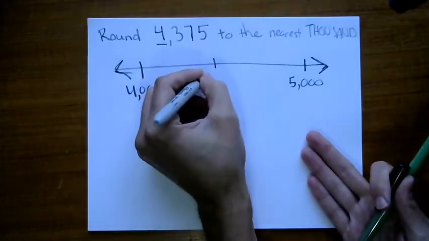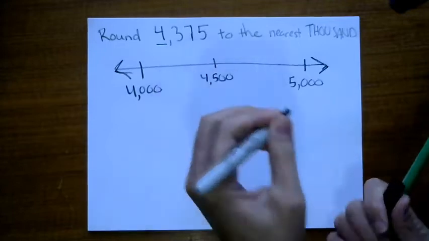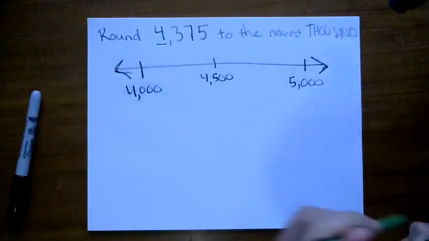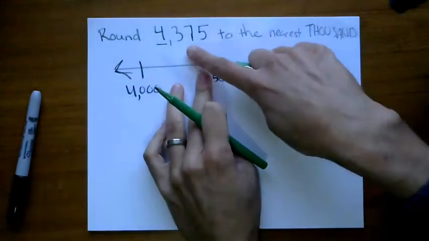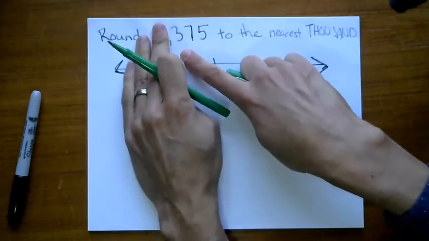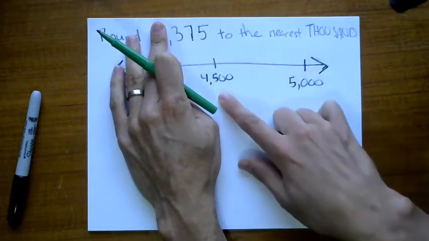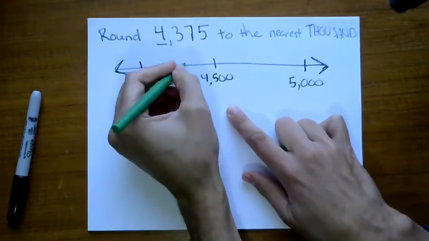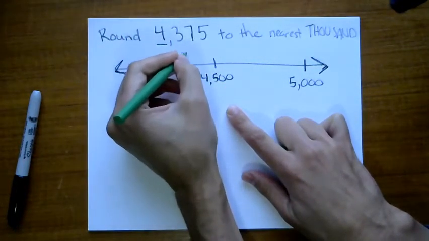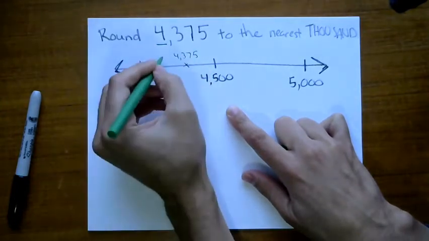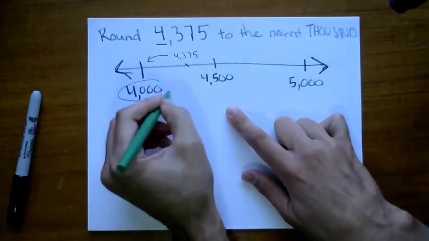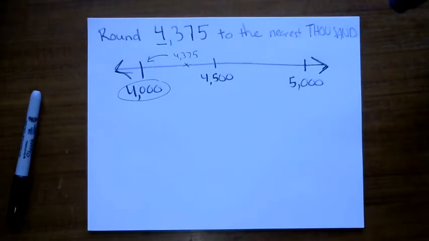So 4,500 would be right in the middle. And I know that 375, if I just look back at the place behind where I'm rounding to, 375 is less than 500. So 4,375 would go about there and would round down to 4,000.